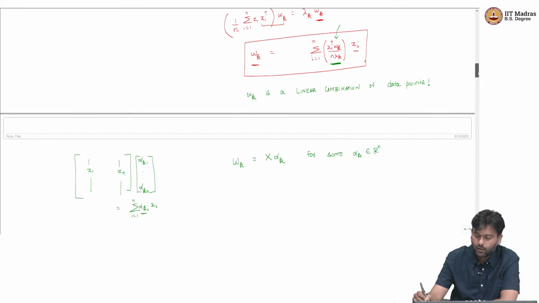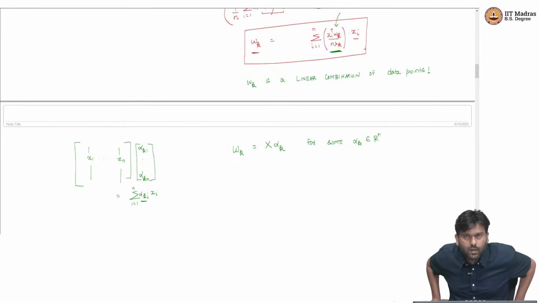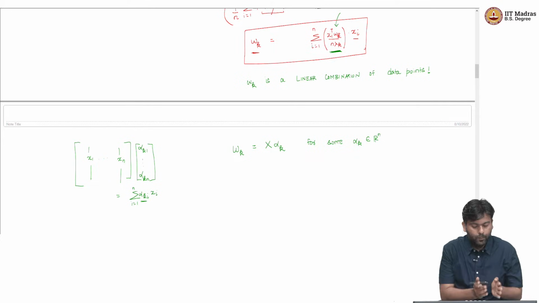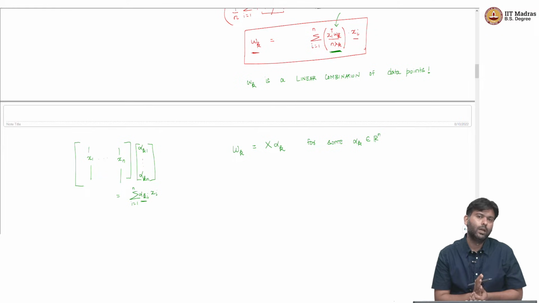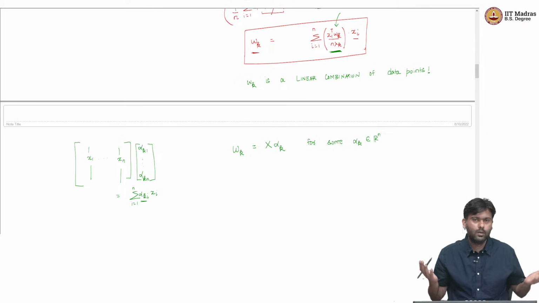We are saying here that, well, is there a different way that we can somehow find these alpha ks? We first recognize that there are these alpha ks, which exactly is this, but then let us forget that for the moment. Is there a different way you can somehow get these alphas? Because if you know these weights, how I should weigh these data points to combine them to get my wk, that is all I need.